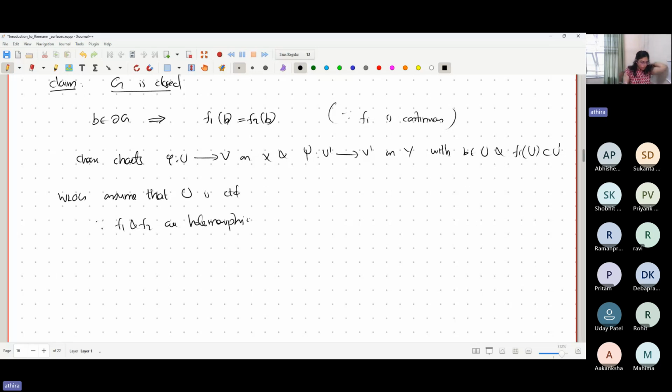Since F1 and F2 are holomorphic, by the definition of holomorphicity, the composite map g_i, psi composite with Fi composite with phi inverse from V to V prime, is holomorphic.